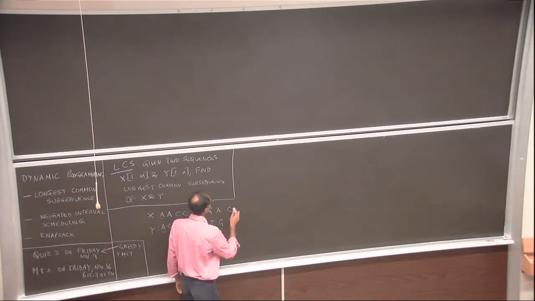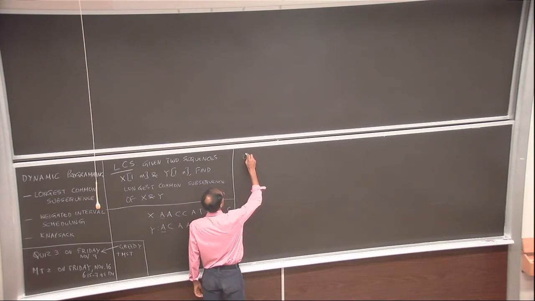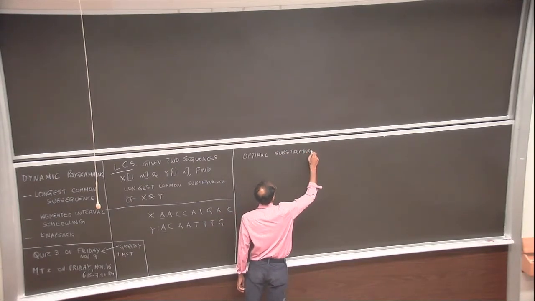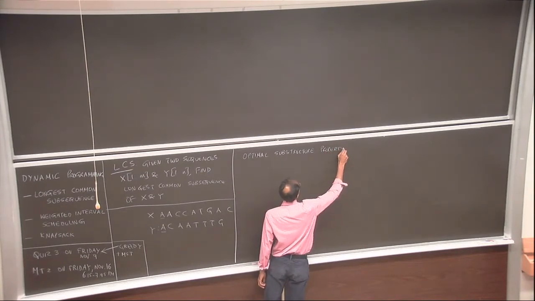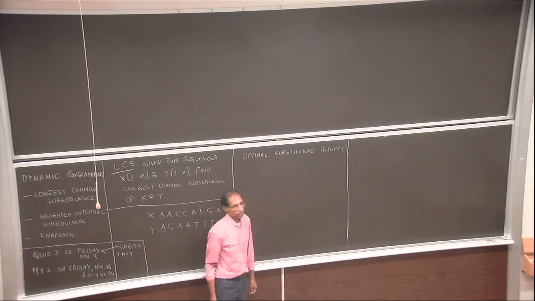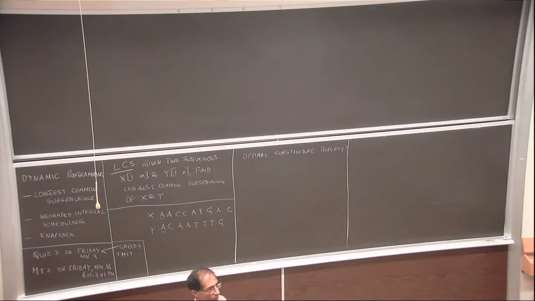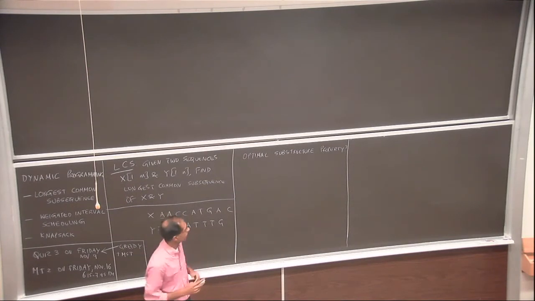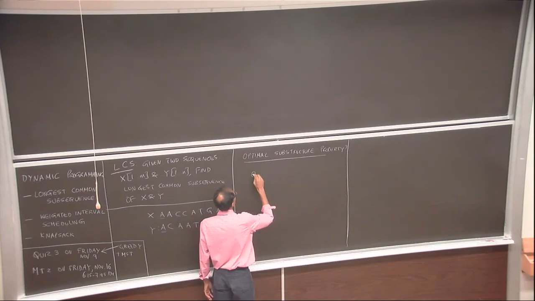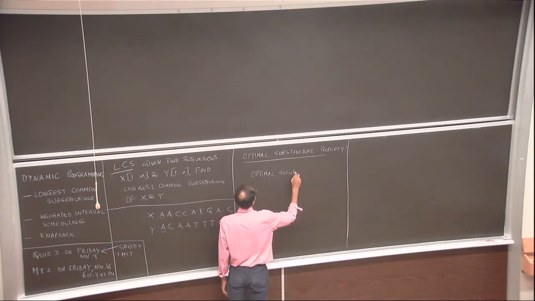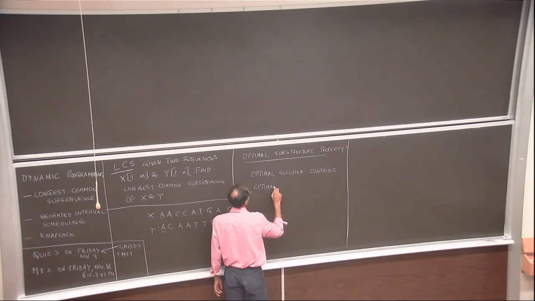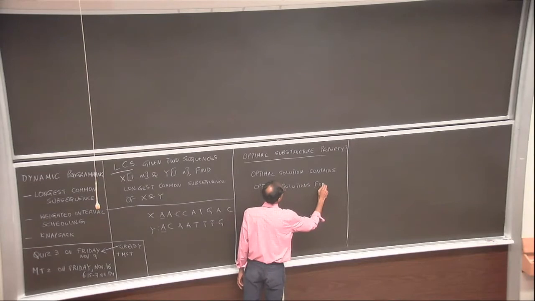Okay, so the first thing in dynamic programming is to see whether there is something like an optimal substructure, which enables us to say something about the fact that if a solution is optimal, then it contains optimal solutions to subproblems.